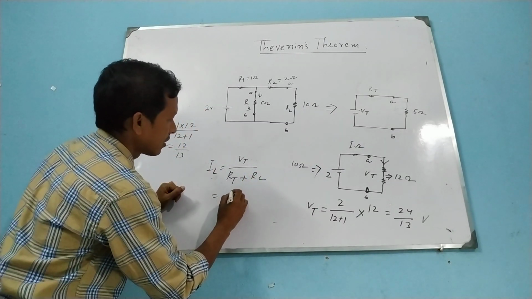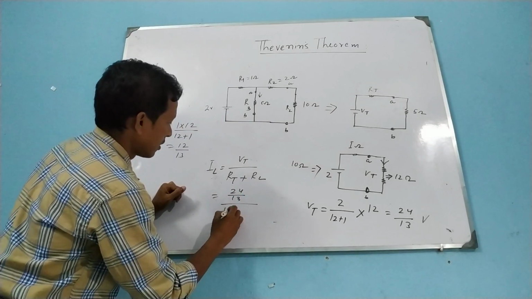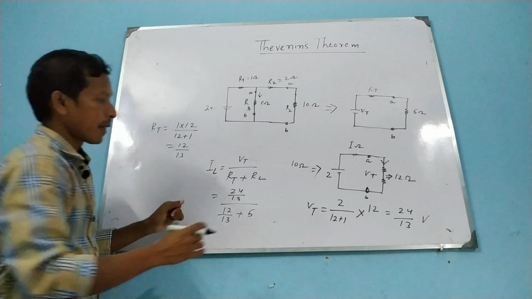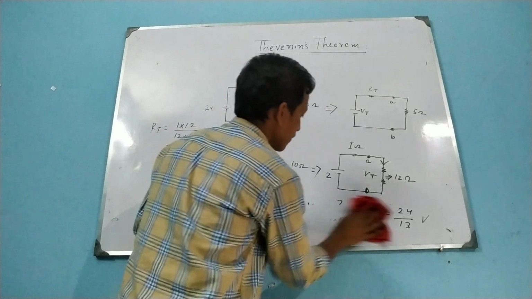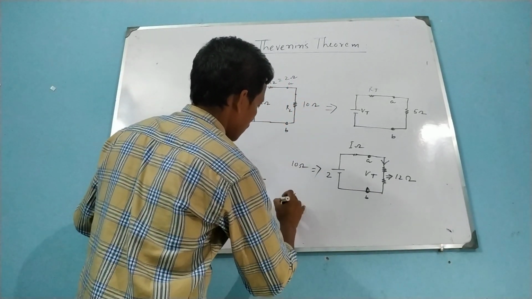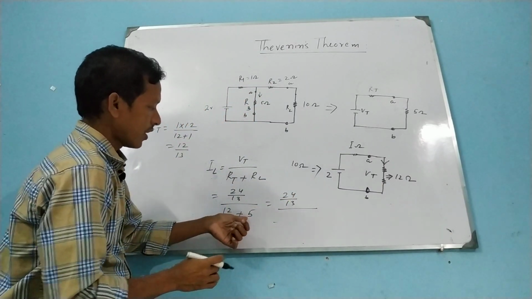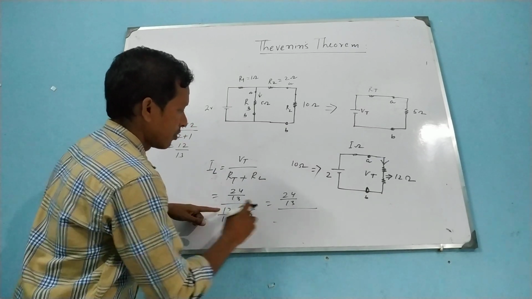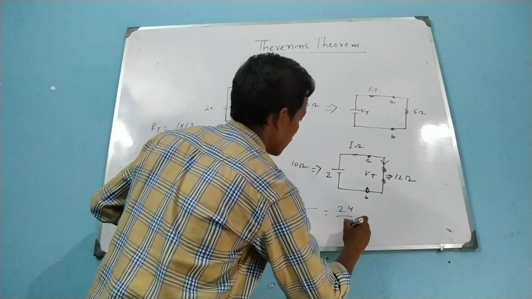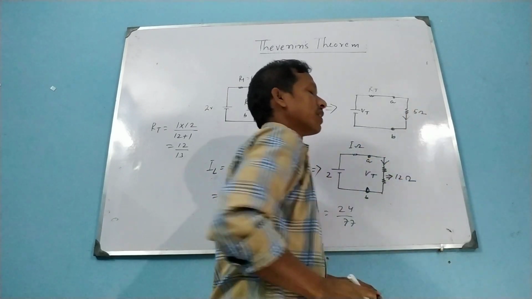Here VT equal to 24 by 13, RT equal to 12 by 13, plus RL equal to 5. So (24 by 13) divided by, 13 into 5 is equal to 65, 65 plus 12 equal to 77 by 13. So this is equal to 24 by 77. Okay, so this is the current flowing through the 5 ohm.